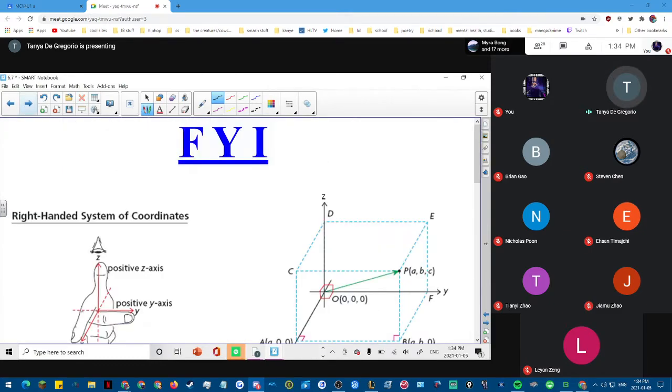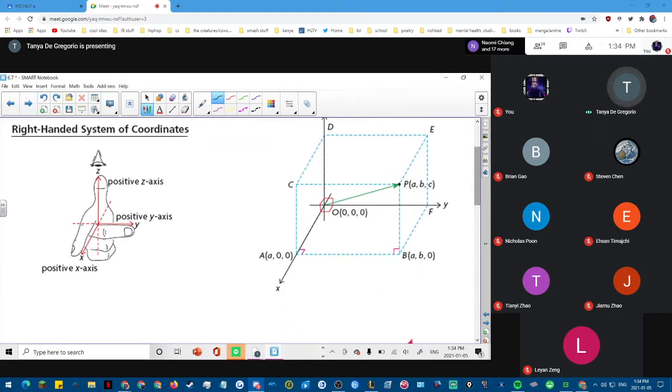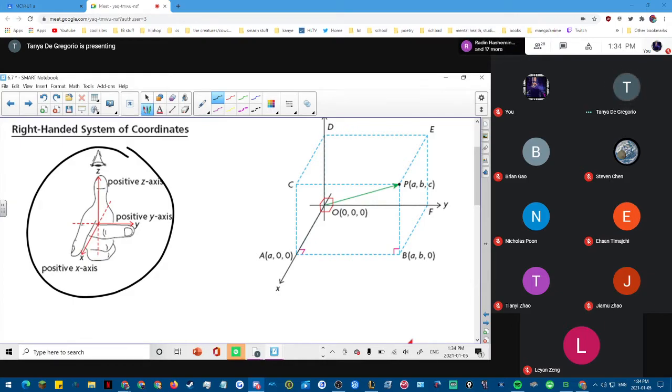Okay, so FYI. If we were in school in person, you would see me probably using this. What you do is with your right hand, you have your thumb up, your middle finger acting as your y-axis, and your index finger acting as your x-axis, to give you an idea of what this plane looks like.